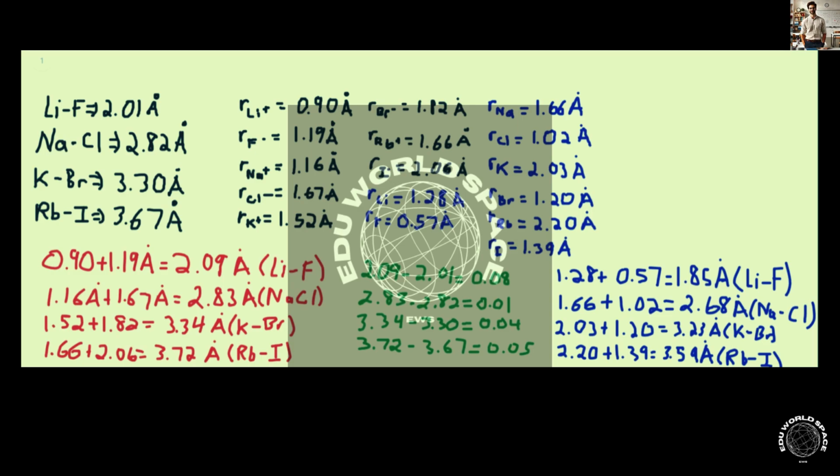Though you'll notice something interesting: as you go down the periodic table, your error for using the neutral atomic radii starts to decrease. Lithium fluoride is significantly less accurate than rubidium iodide, which is relatively close.